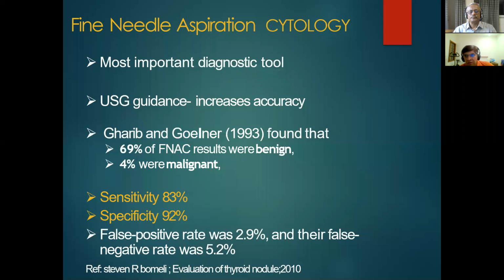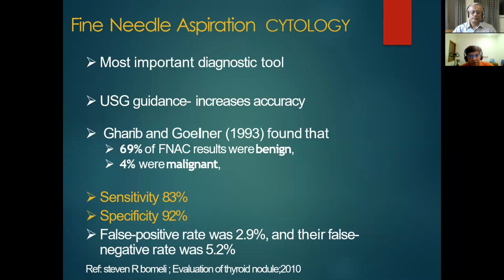Go on. Yes, sir. So ultrasound guided FNAC is recommended. It is the most important diagnostic tool. Ultrasound guidance increases the accuracy. The sensitivity of FNAC is 83% and specificity 92%.